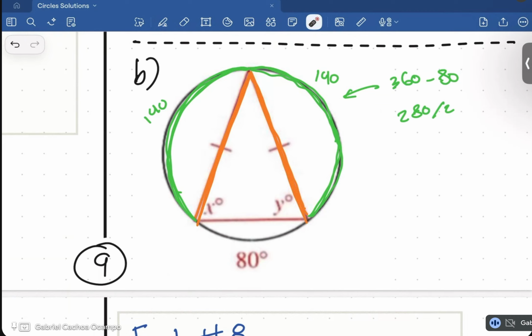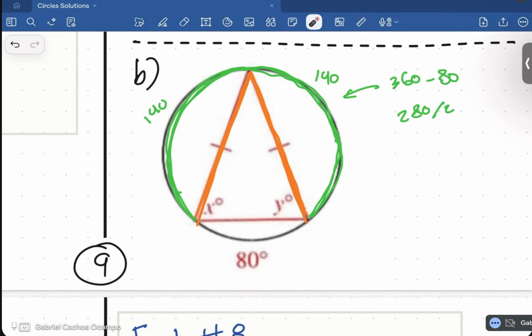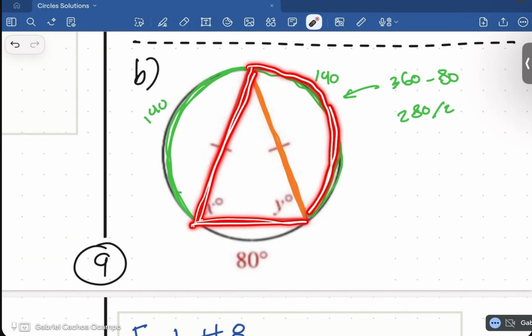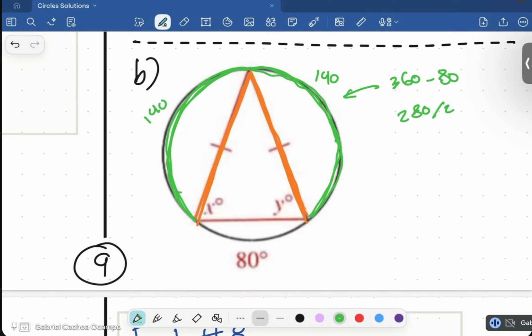Angle y is the angle that covers this arc of 140, so angle y is going to measure 70. In the same sense, angle x is the angle that covers this arc, so angle x is also going to be 70. Both of them are going to be 70.